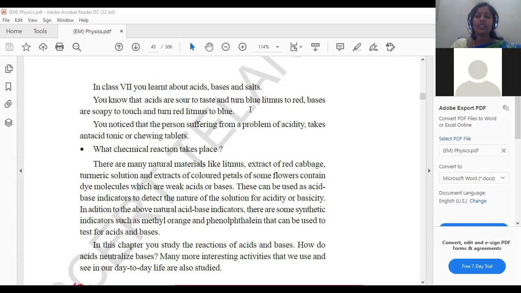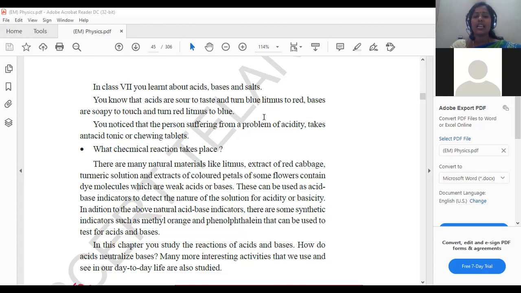Litmus paper is an indicator used to identify the nature of a substance, that means a pH indicator. The pH scale is framed on numbers ranging from 0 to 14. This is also known as the Sorensen scale.